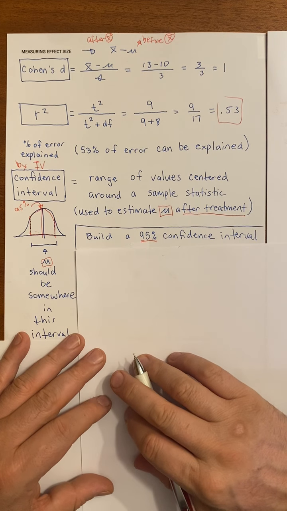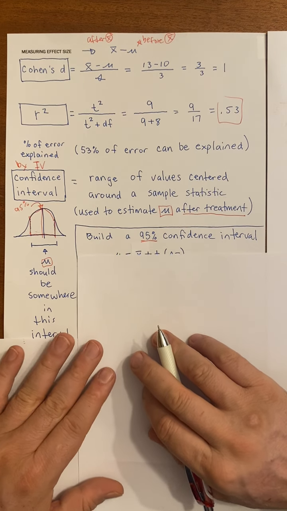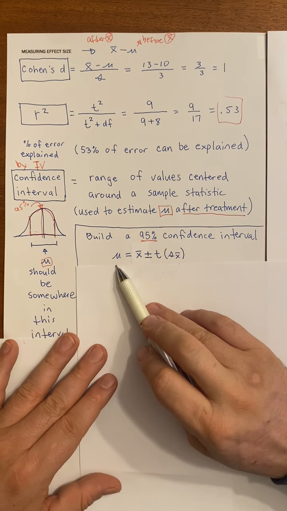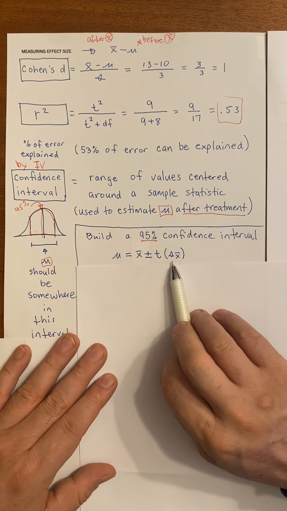Now when you do this, there's a formula that gets used, and that formula is mu equals sample mean plus or minus t times the estimated standard error.